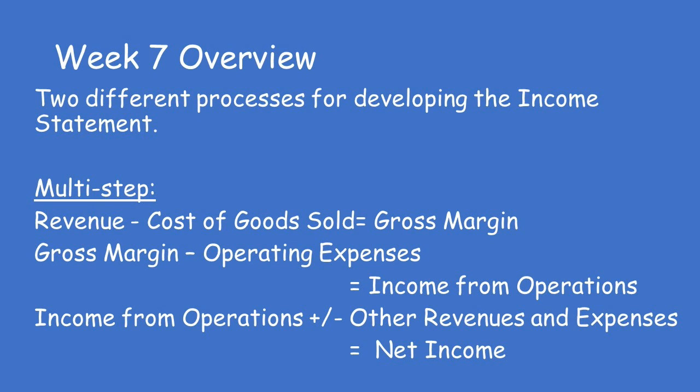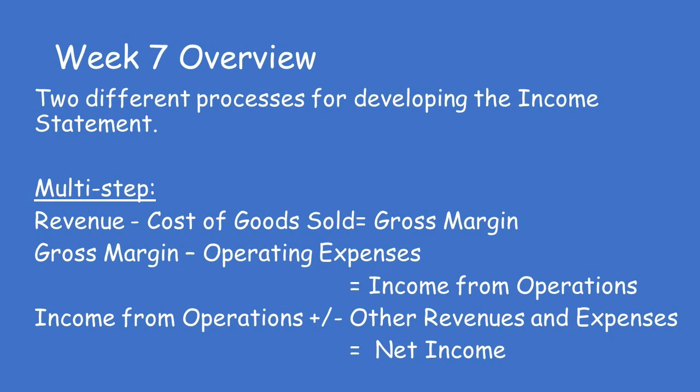So a multi-step income statement goes through a series of steps or subtotals to arrive at net income. It's used by merchandising companies, which buy and sell products, as well as manufacturing companies, which make and sell goods. Now, four major parts of the merchandising or manufacturing company's multi-step income statement are, again, net sales, cost of goods sold, the gross margin, and the operating expenses.